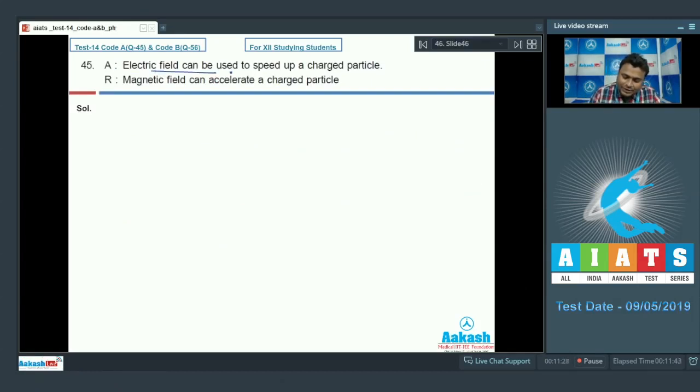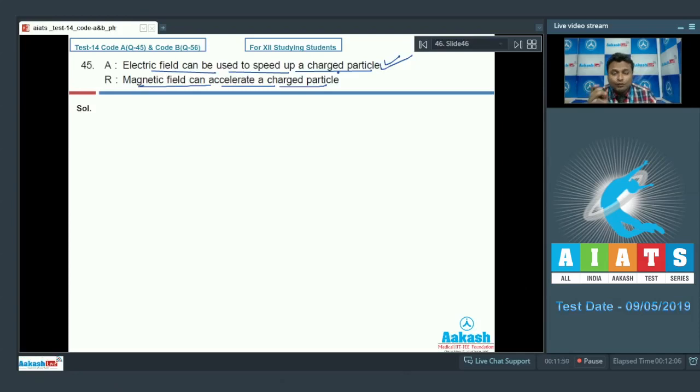Assertion: electric field can be used to speed up a charged particle. Definitely, if a charged particle, whether at rest or in motion, is kept in an electric field, then it will experience an electric force, and the force will definitely accelerate the charged particle. Assertion goes right. Reason: magnetic field can accelerate a charged particle.